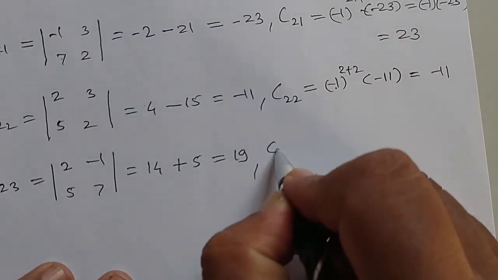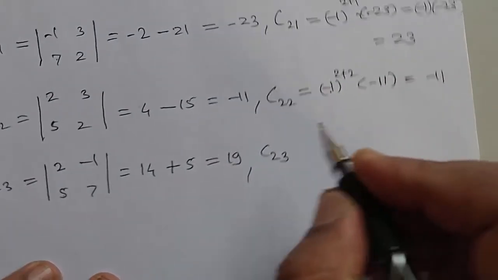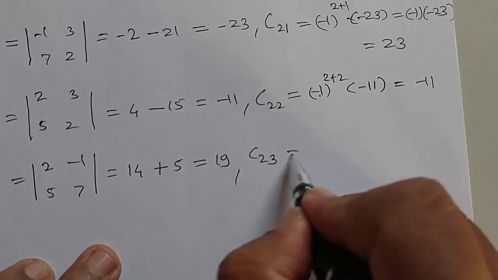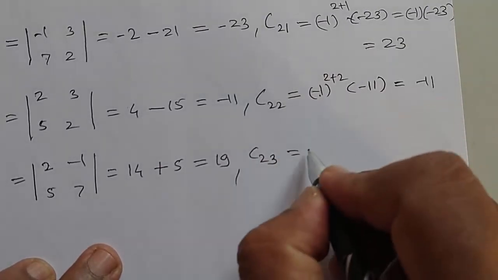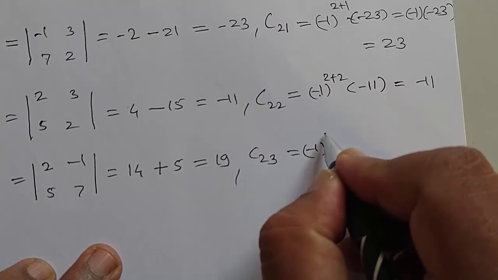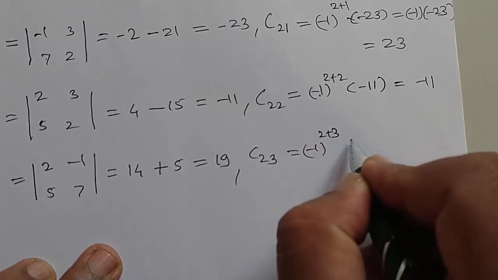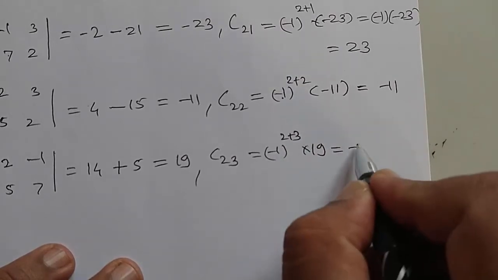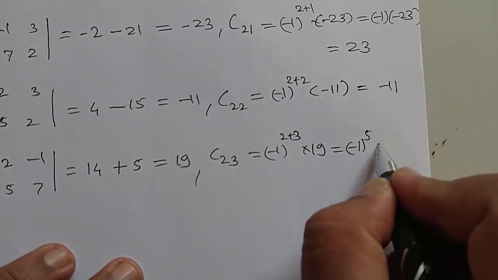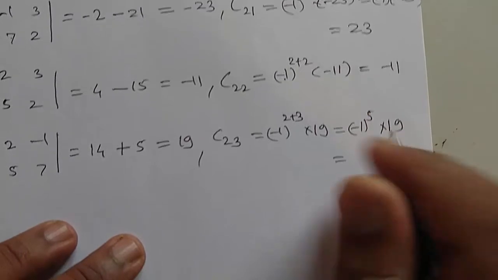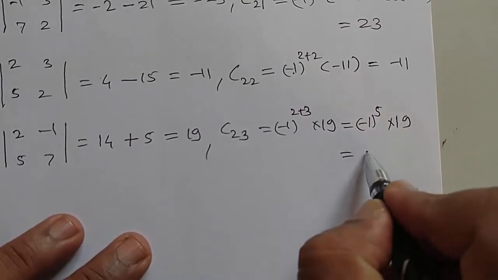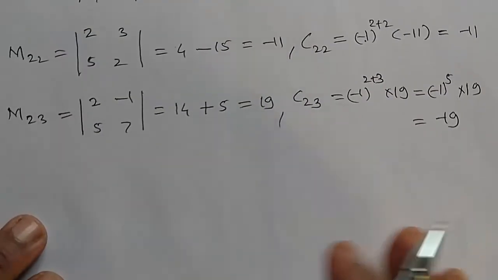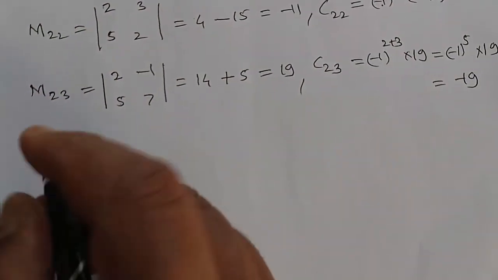Therefore, cofactor of this element is C23, it is equal to minus 1 raised to 2 plus 3 into 19, minus 1 raised to 5 into 19. So, minus 1 raised to 5 is negative. So, minus 19. So, this is the cofactor.